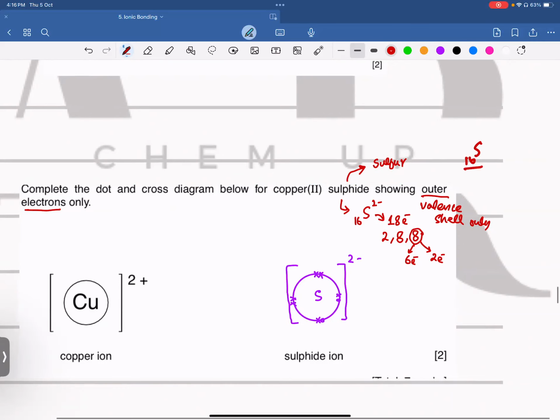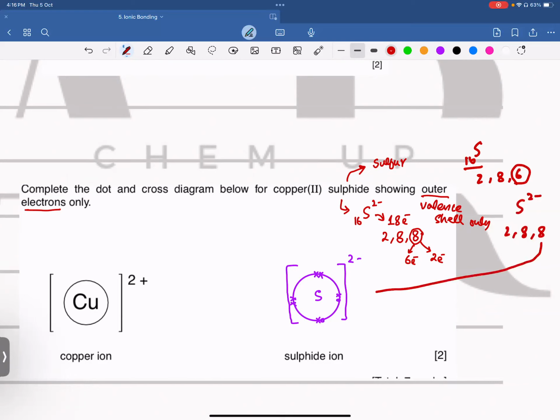So if it's 16, it is going to be 2, 8, and 6 for sulfur. But when it becomes an ion, it will complete its octet. And as it completes its octet, it will become 2 negative. And now it has 2, 8, 8 electrons. And as it has 8 electrons, you have to draw only the outermost shell, because they have asked you to draw the outer electrons only. Is this clear? Yes, sir. Khatija, is this clear? Yes.